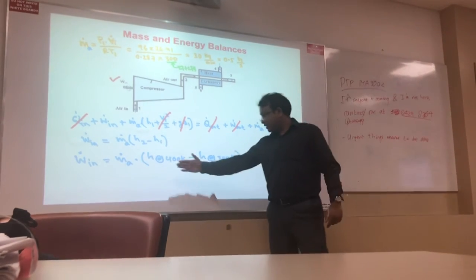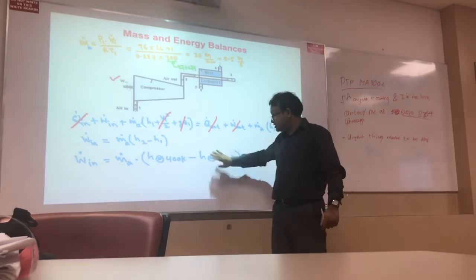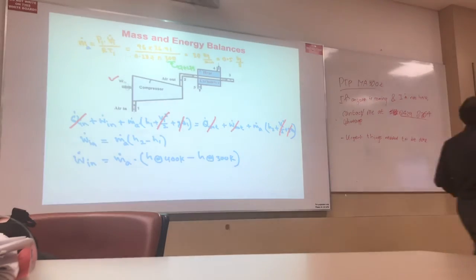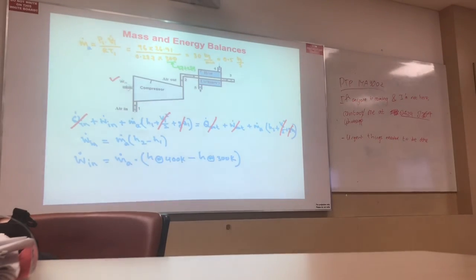Okay? And we get this data from the table. I show you later the table. Remember, we get the data from the given table. I will give you the table and you can get the data from the table.